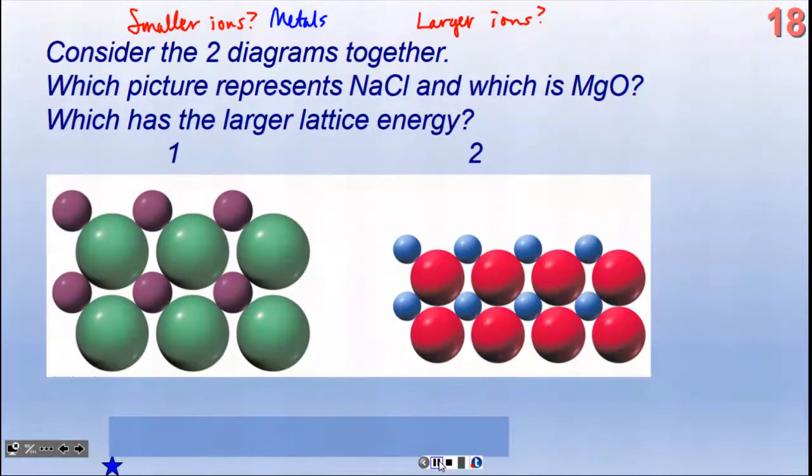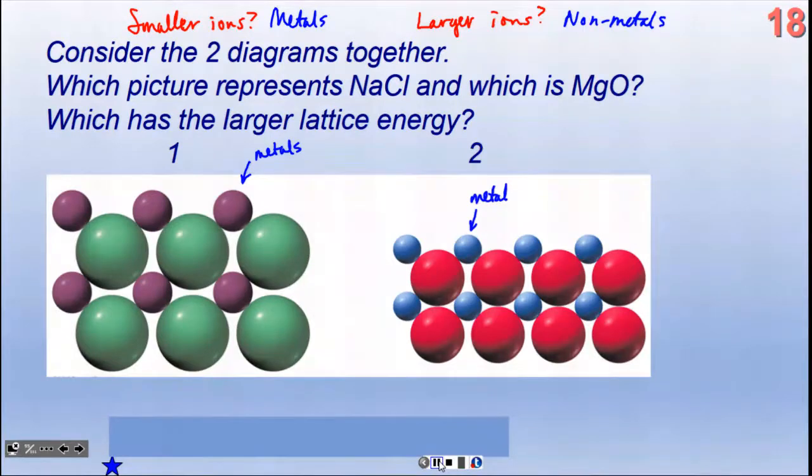The larger ions are the ones that get fuller shells when you have nonmetals adding electrons. So that tells us that the small spheres have to be the cations, the metals. And which one is going to be bigger than the other? Oh, well, that's the next question. So sodium and magnesium side by side on the periodic table.